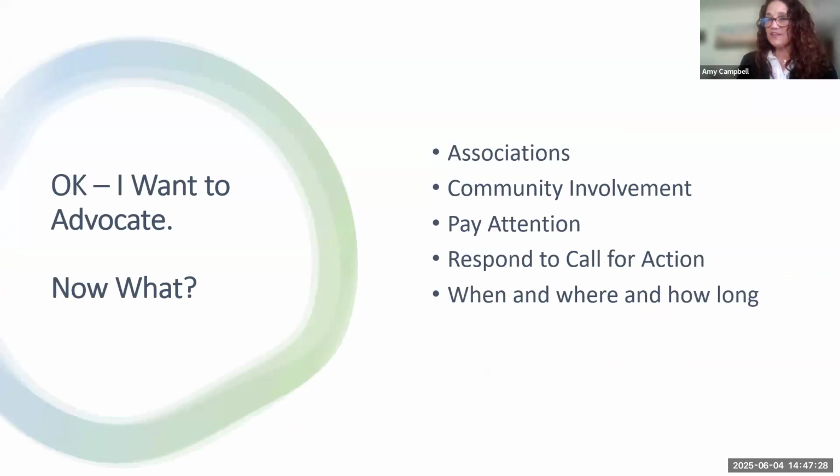So if you're on this call, if you're on this webinar, you've probably already decided that you're an advocate, that you need to be advocating, that you need to be engaged, that you need to be doing something. So now what? I really recommend that the first place to start is don't invent the wheel. Find a group that agrees with you.